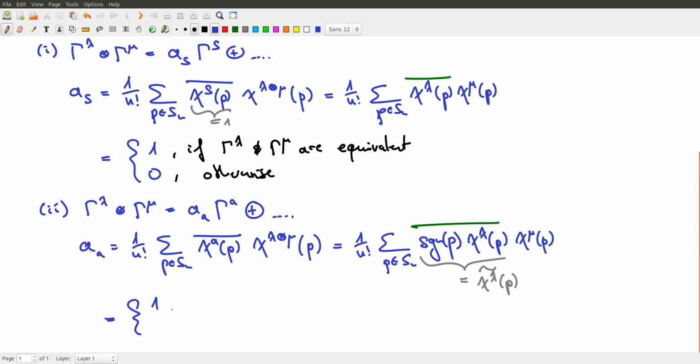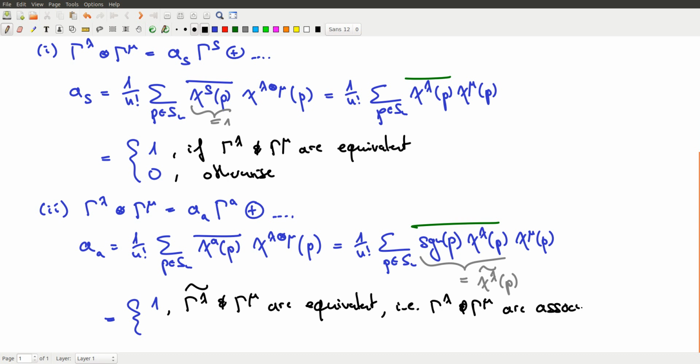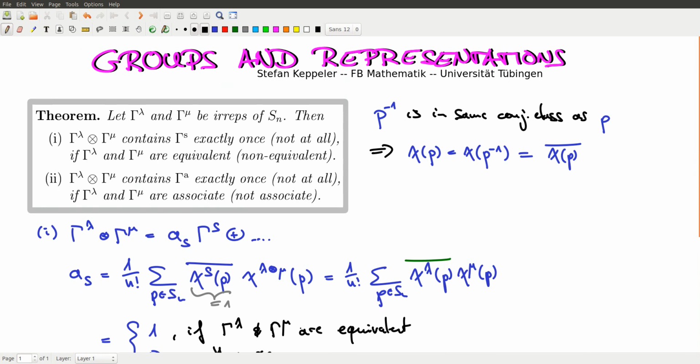We have 1 here if this time gamma lambda tilde and gamma mu are equivalent. And that's just rephrasing that gamma lambda and gamma mu are associate. And it's 0 if they are not. And that's exactly what the theorem up here stated.